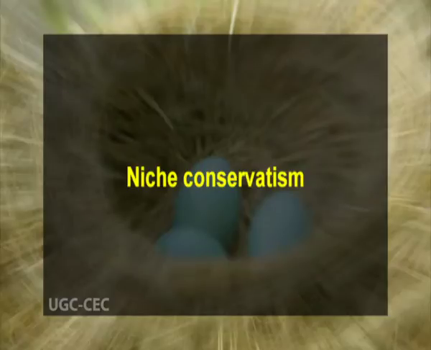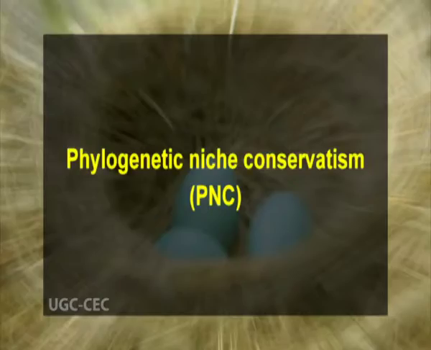Niche conservatism. Niche conservatism, or the degree to which plants and animals retain their niches and related ecological traits through space and time, is a classic concept in ecology receiving renewed interest in recent years.